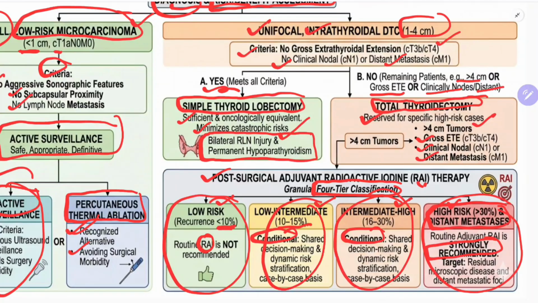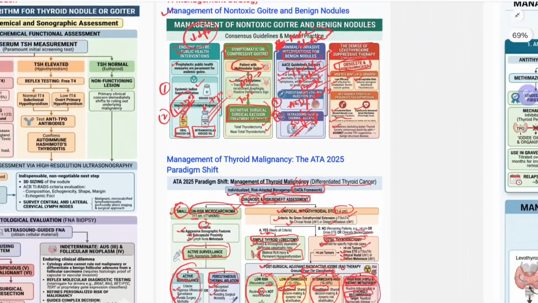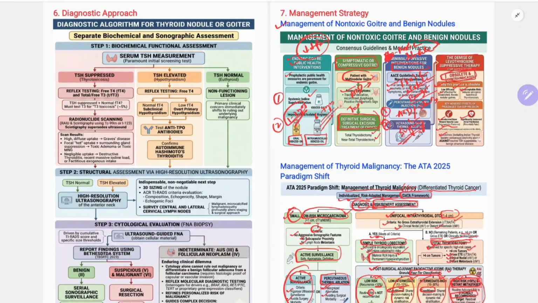It is conditional, depending on the individual. So that's about the treatment: simple thyroid lobectomy or total thyroidectomy in large size carcinoma, and in small size, active surveillance or percutaneous thermal ablation.